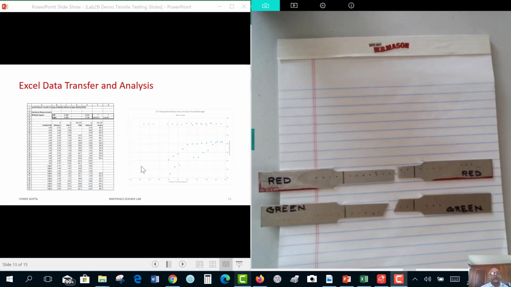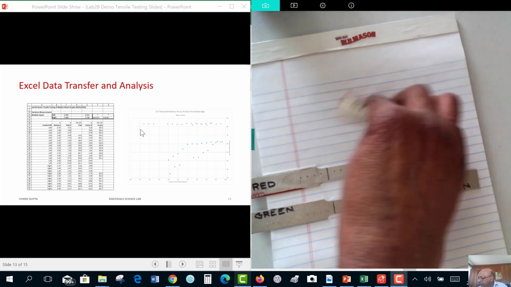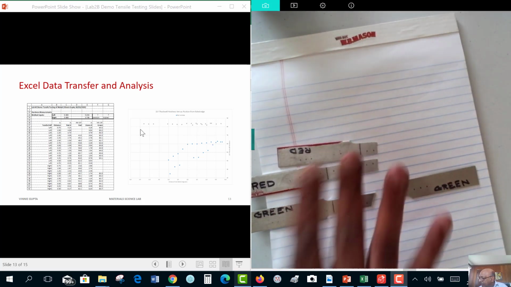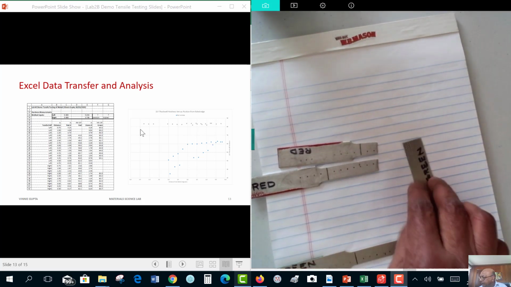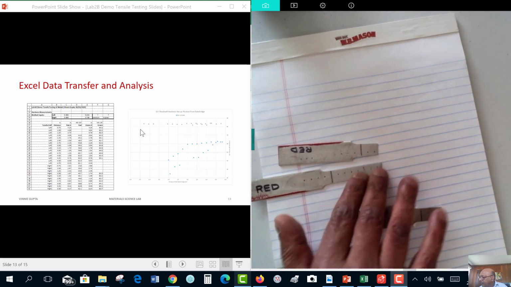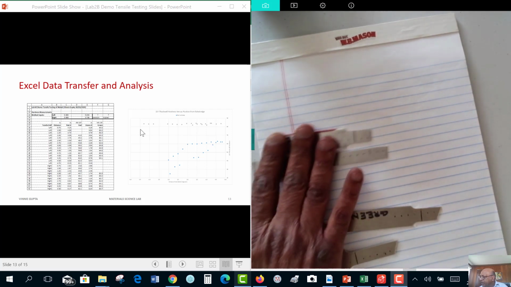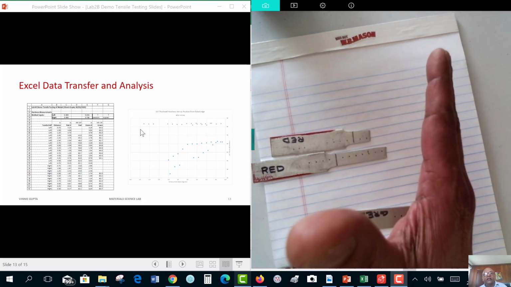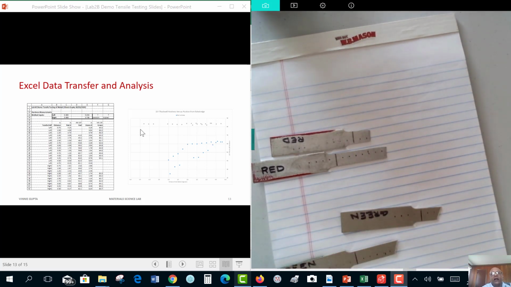Okay, so here is our hardness versus distance plot. So remember, we are going towards the failed edge. So if you look at our red specimen, what we expect as we go from left to right is hardness to increase. So you can see it increases substantially.